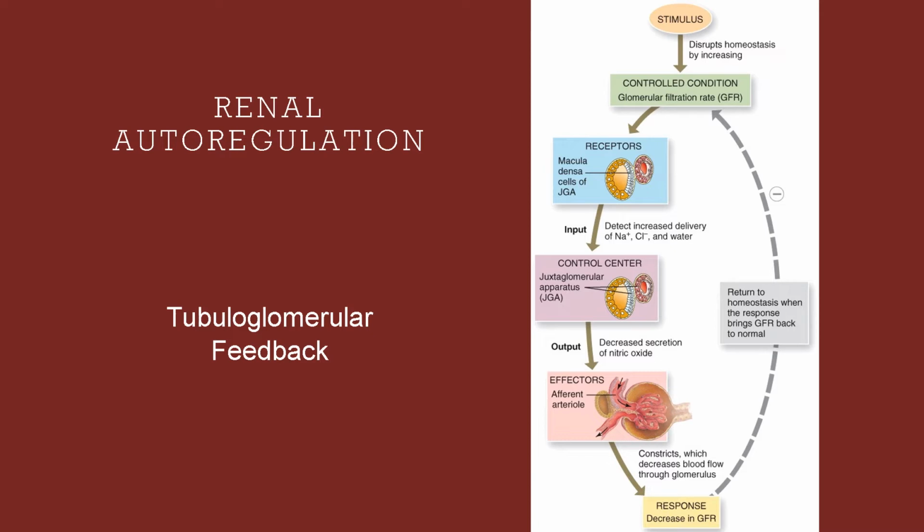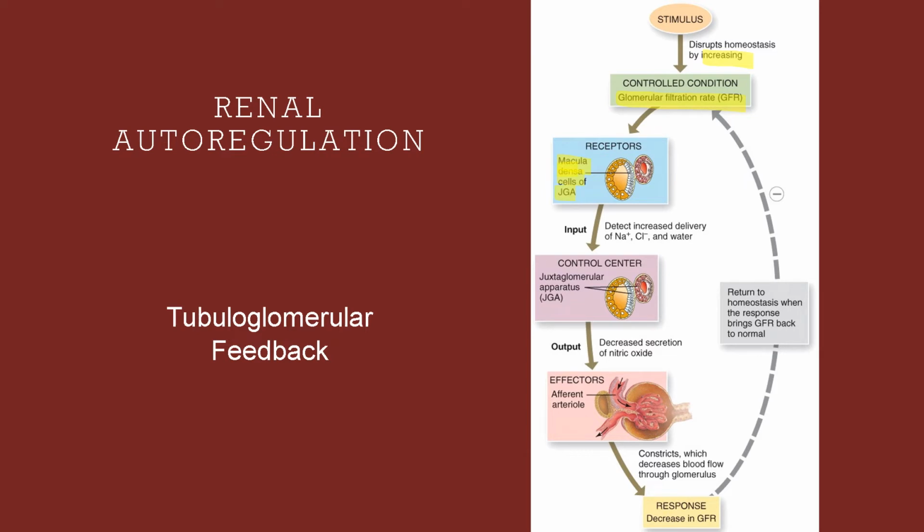So here we can see that negative feedback loop for the tubuloglomerular feedback. So here we get an increase in GFR at the top. And the macula densa cells of the juxtaglomerular apparatus are going to provide this negative feedback regulation of the glomerular filtration rate.